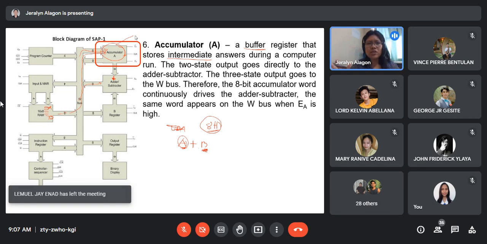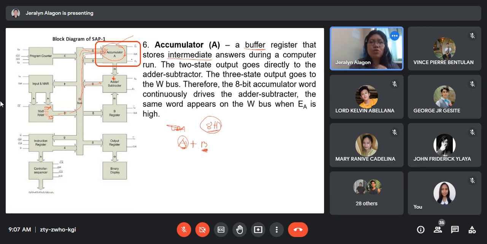Right after the addition or subtraction, the sum or the result of that operation will always be stored in the accumulator. And if you would like to use that answer or that output for the next operation, then inyo na po siyang i-move or like stay na siya diha na una pa mo lang diri gihapon ibutang ni B para i-add siya. Okay? That is why it stores immediate answer to the operation or during a computer run.